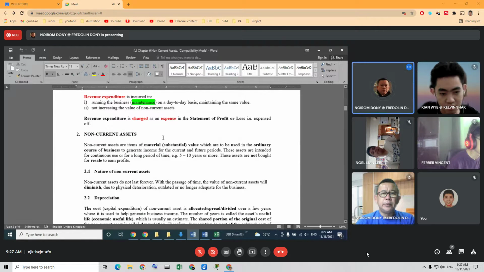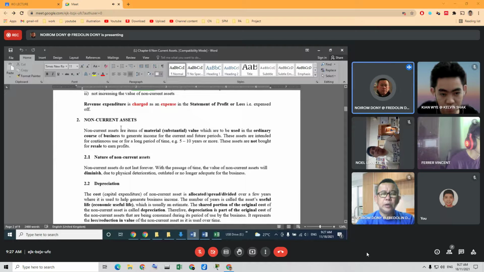Now, let's go through the definition of non-current asset. Non-current assets are items of material value. Material value means the value will be more than, sometimes we have 30,000, even 1 million, 2 million, substantial, which are to be used in the ordinary course of the business to generate income for the current and future periods.